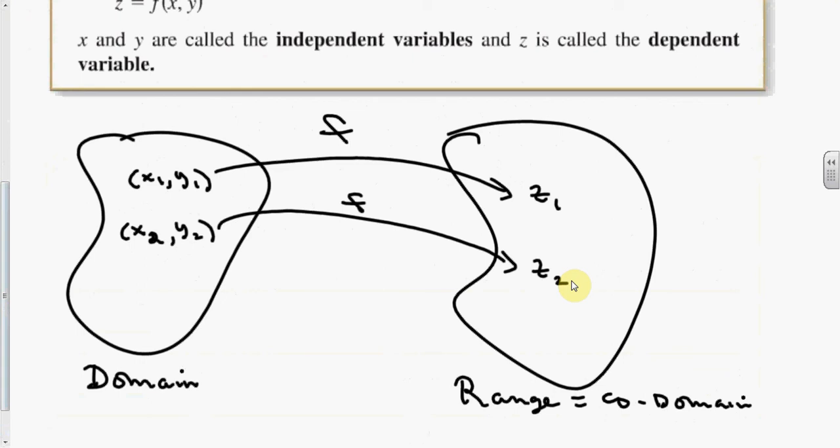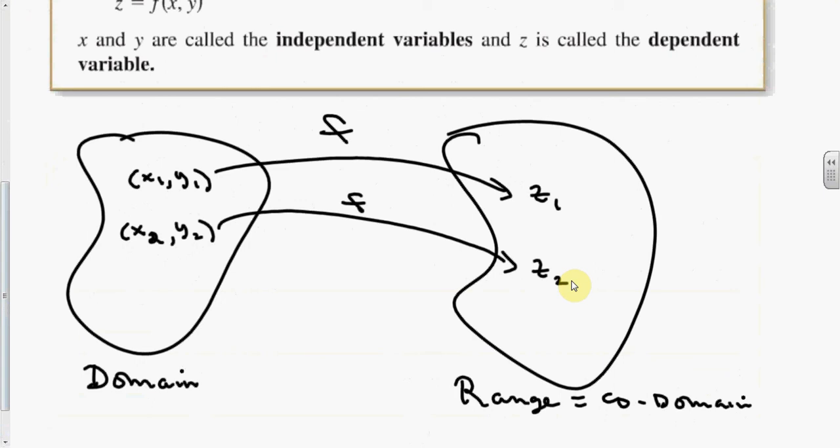Now we stop there. We don't go any further by talking about the true nature of the function. Hopefully that is to be understood from your study of functions of a single variable.